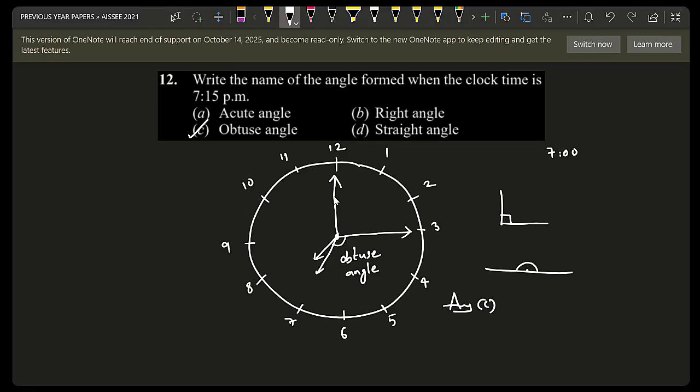But from 7 to 7:15, the minute hand will move to 3, and the hour hand also will move this much. Yes or no? Okay. The hour hand also will move. It won't sit at 7 until 8 and then directly jump to 8. Did you ever see the hour hand jumping from 7 to 8 directly? No, sir. It will slowly move, right? Yes, sir. Okay.